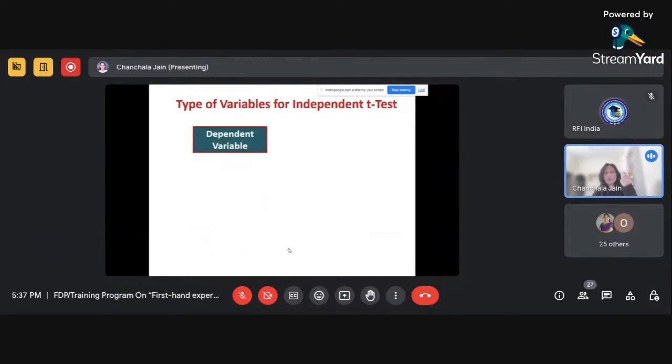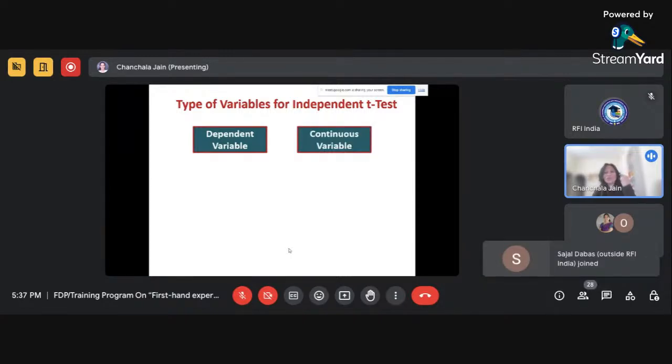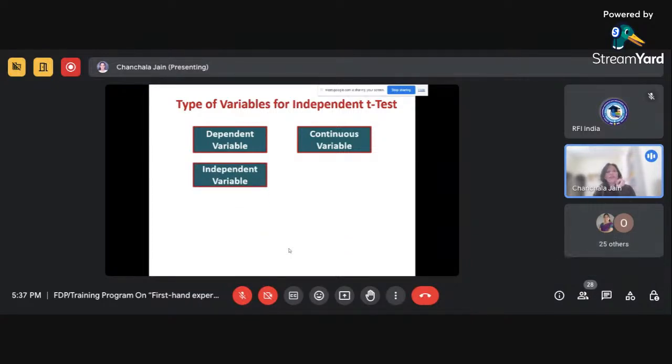As I said, firstly we need the dependent variable, and the dependent variable should be continuous in nature. Continuous means it should be a numeric variable. Then we should have the independent variable, and in the independent variable we need to have two labels.